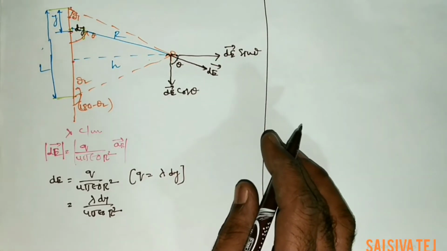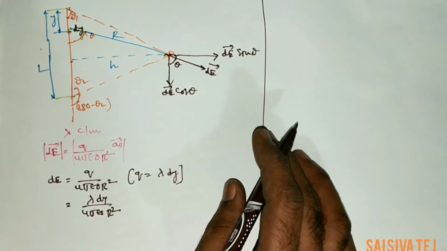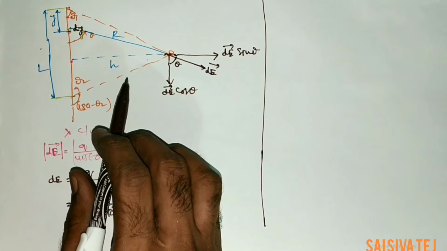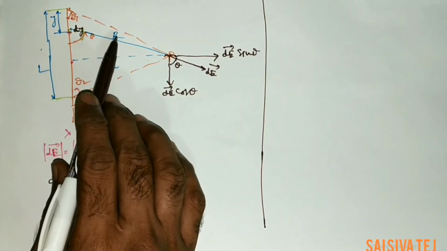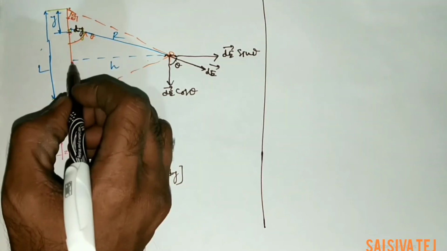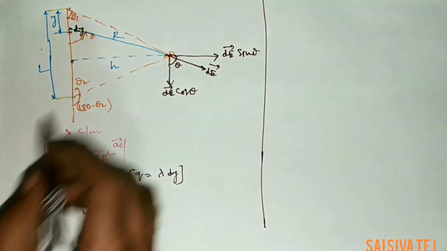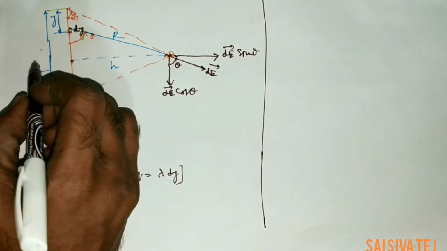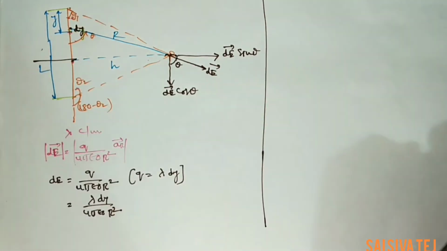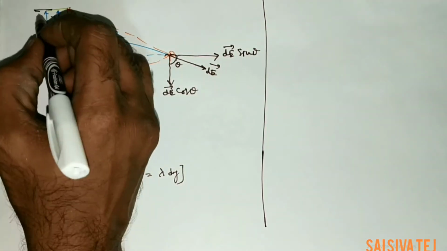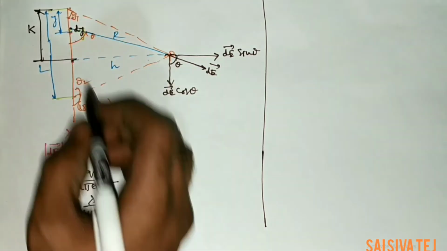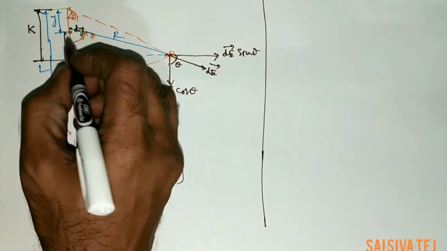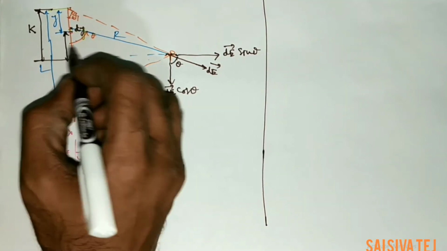Here, in order to simplify this, as a first step I find r and this small length. Whatever this small length is, let us say this is y, and consider this length as k. Then obviously this length will be equal to k minus y.